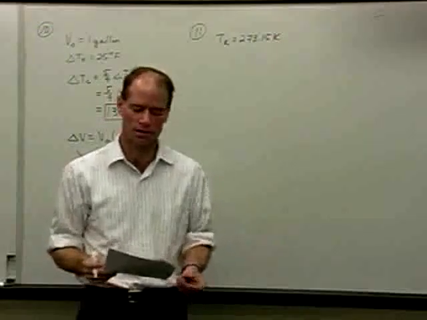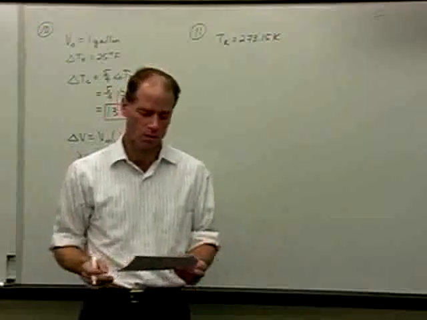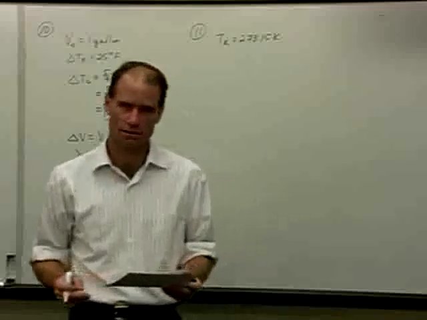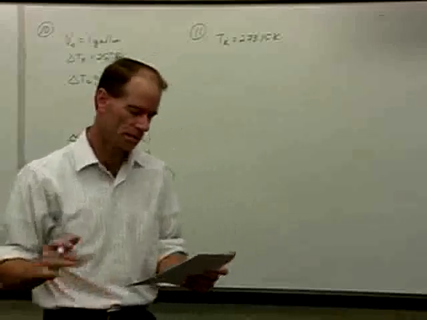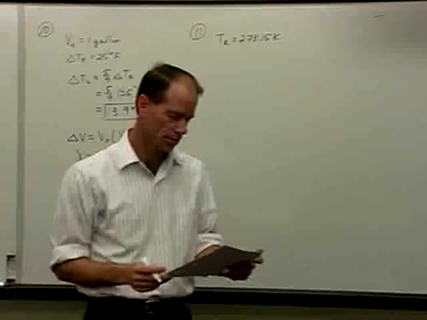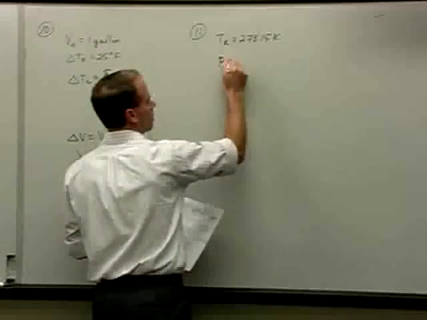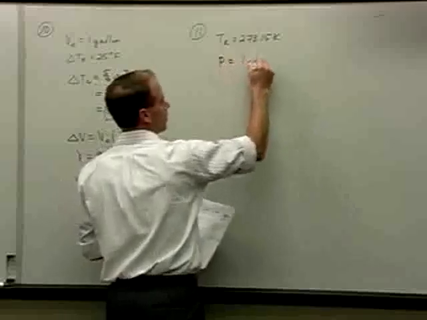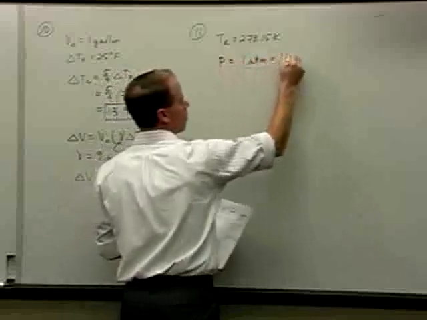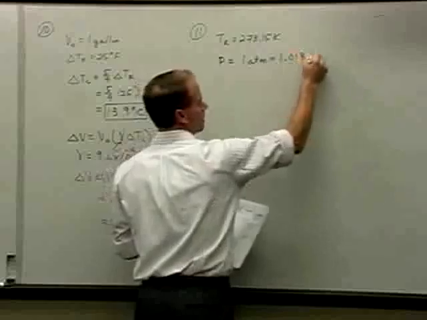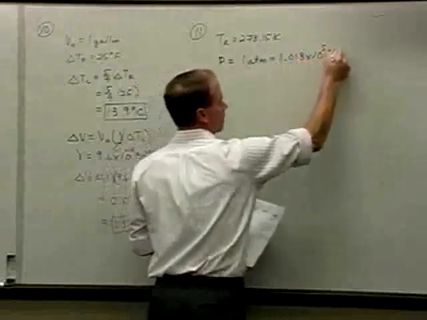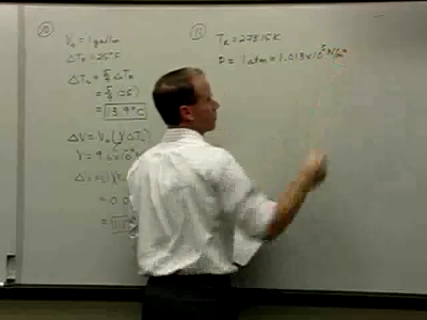And the standard pressure is the pressure that everybody's normally associated with. You can call it 1 atmosphere or 1,000 millibars, approximately. We'll say that our standard pressure is 1 atmosphere, or 1.013 times 10 to the 5 newtons per meter squared.